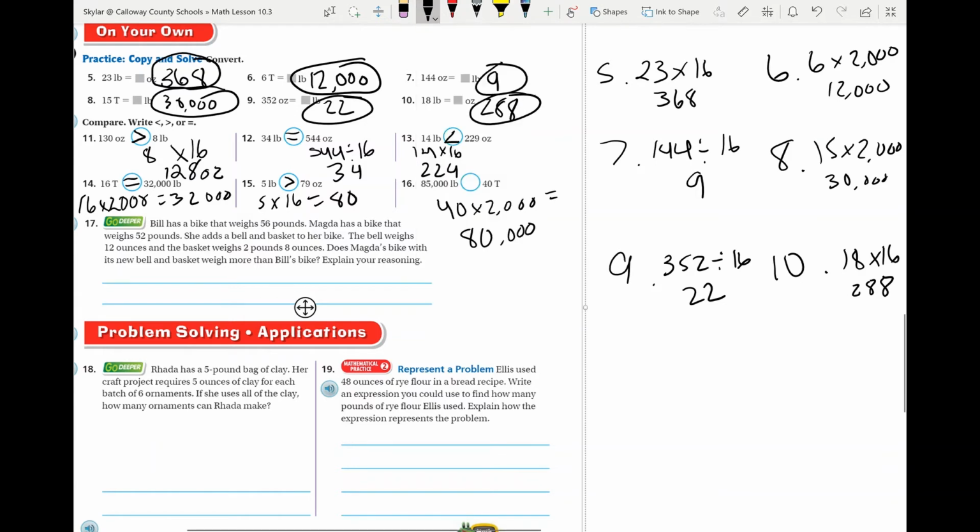There we go. Now I got them all. So you can check that out. I've got my work over to the right or below if you're not sure how I got something. So go ahead, check your work. What I'd suggest you do is pause it here because I'm about to erase all of this, and then I'm going to show you how to get started on 17 through 19. So I'll give you a chance to take a look and see how you did.